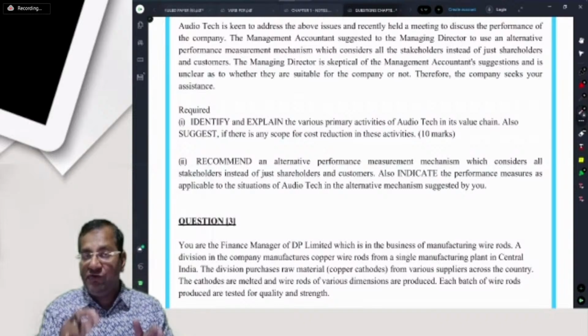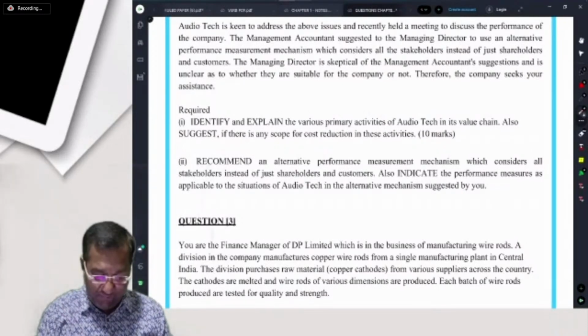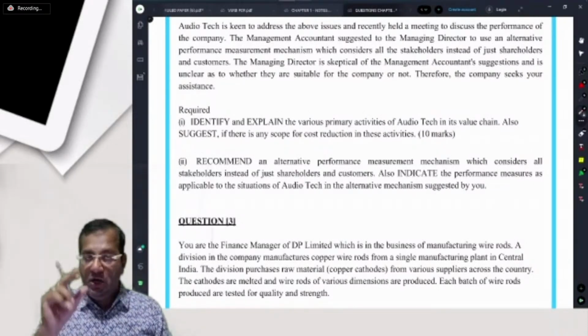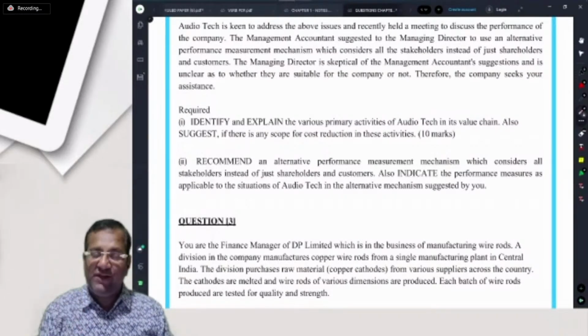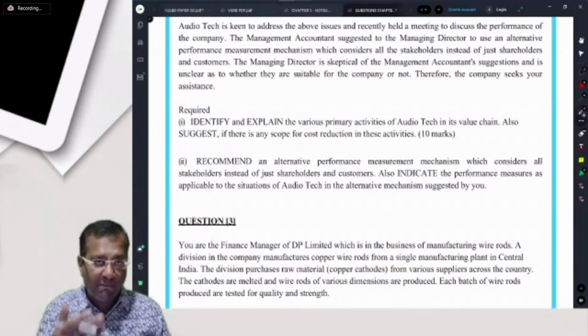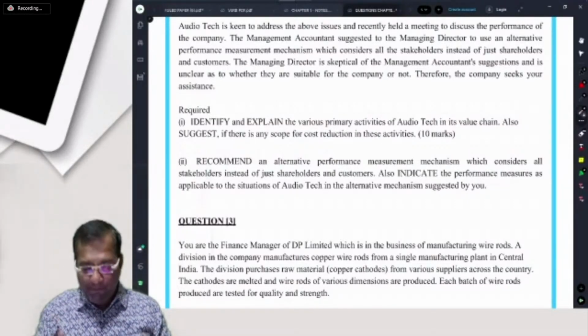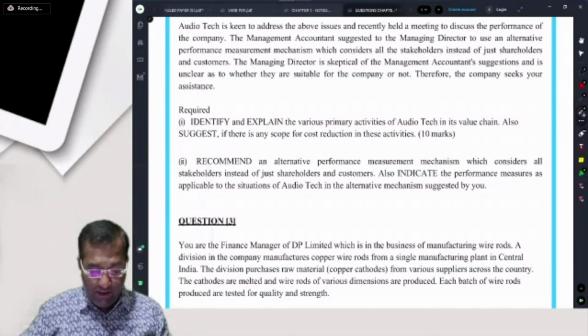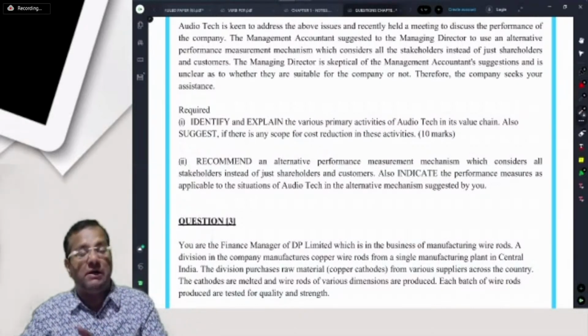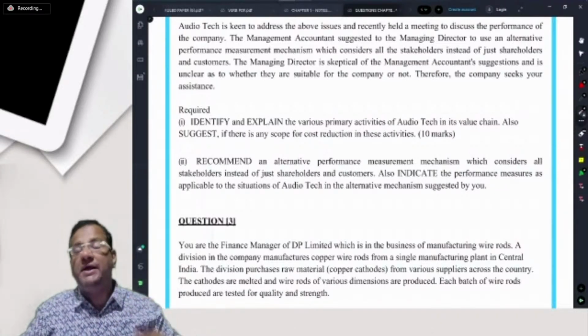If nothing is mentioned in the question regarding 1 or 2 primary activities, then we cannot identify them. Whatever details are given, if all the 5 primary activities are there in those details, we have to write down all 5. If only 4 primary activities are given, then we have to identify only 4, because the word identify is very important. It's not just explain the various primary activities. First, you have to identify the various primary activities that are available in Audio Tech.